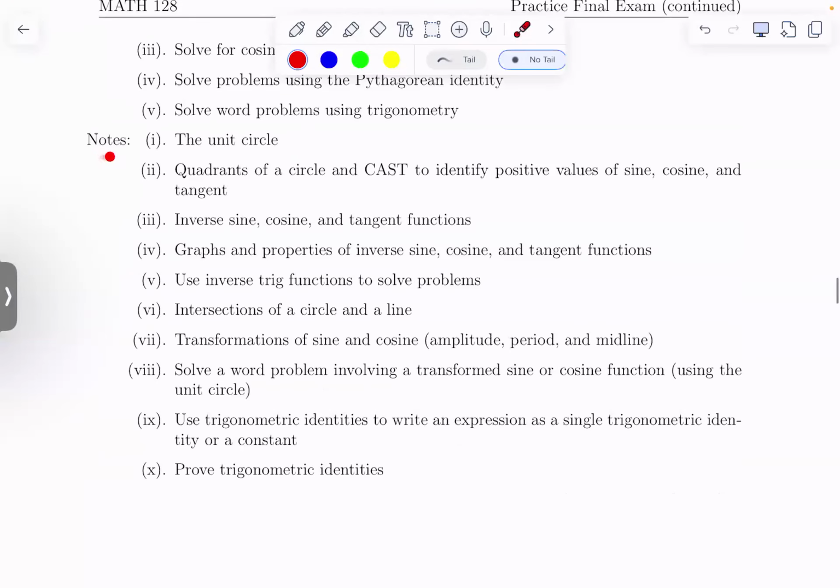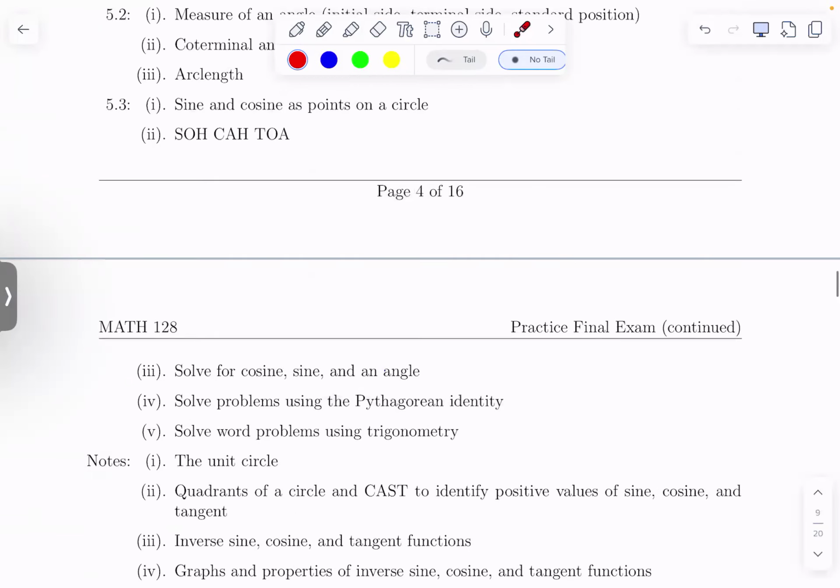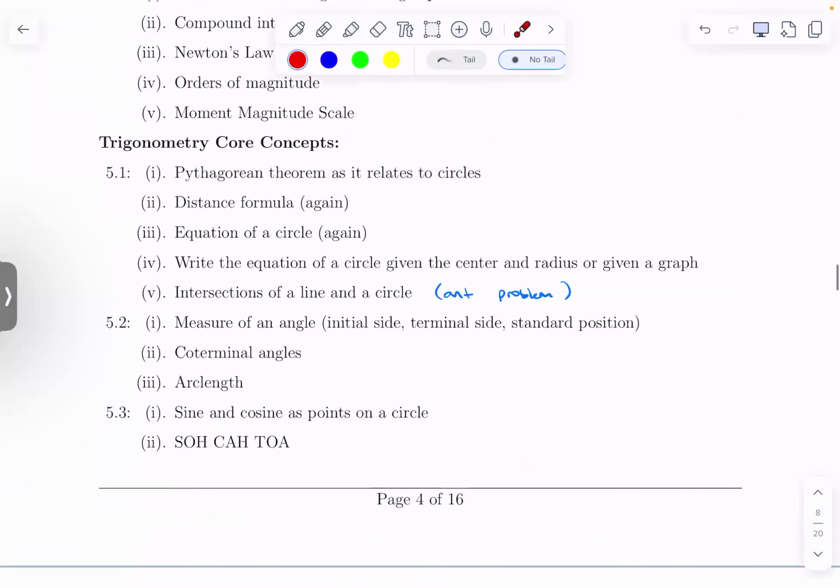And then from those trig notes that we had last day, the trig worksheet, we introduced the unit circle, quadrants of a circle, CAST for positive values of sine and cosine and tangent, inverses, graphs of inverses, using inverse trig functions to solve problems, which I sneakily introduced.